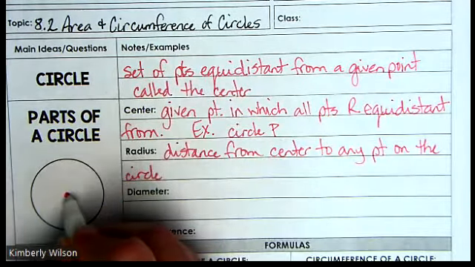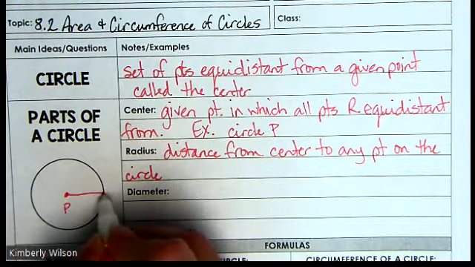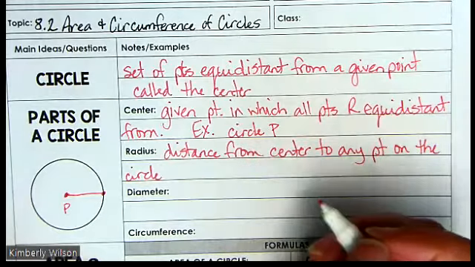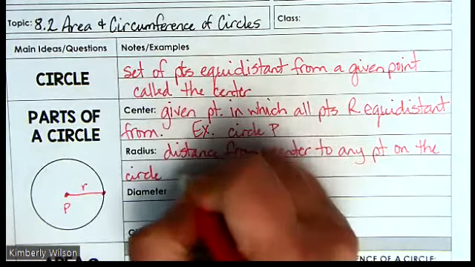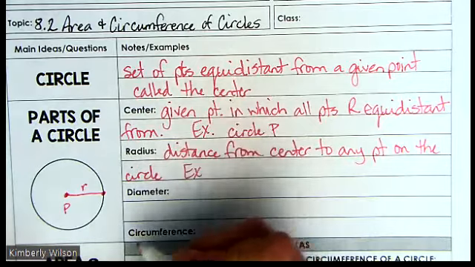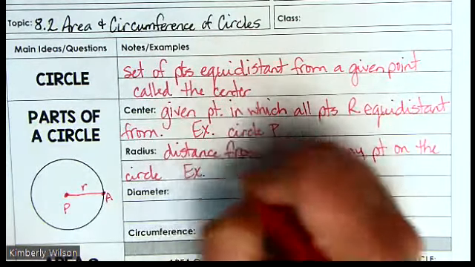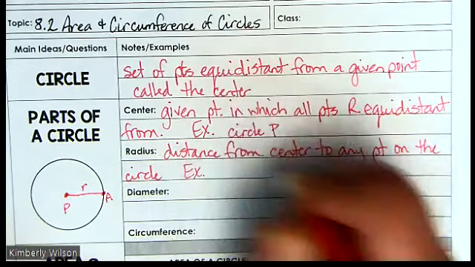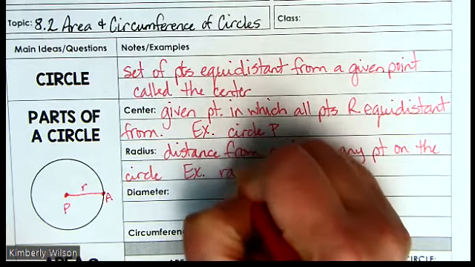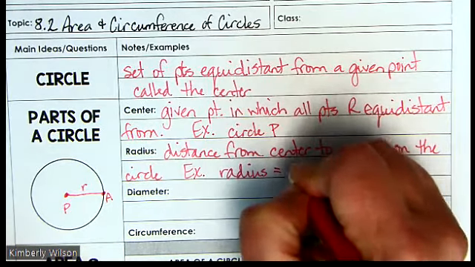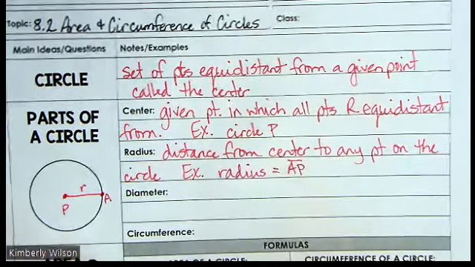So for instance, I go from the center to the edge. Okay, that is the radius. And we're going to call this point here A. So therefore, the radius is equal to line AP.